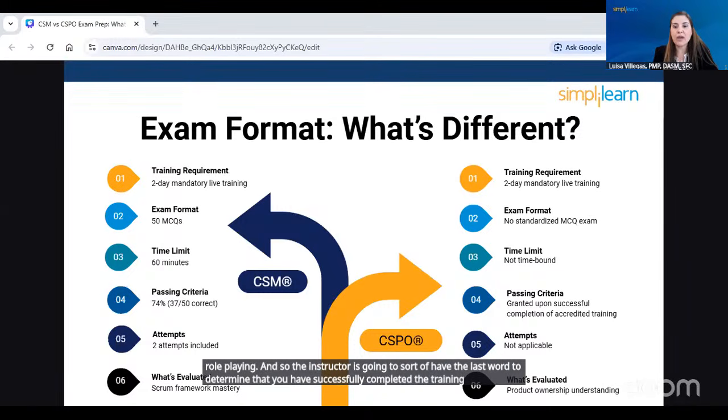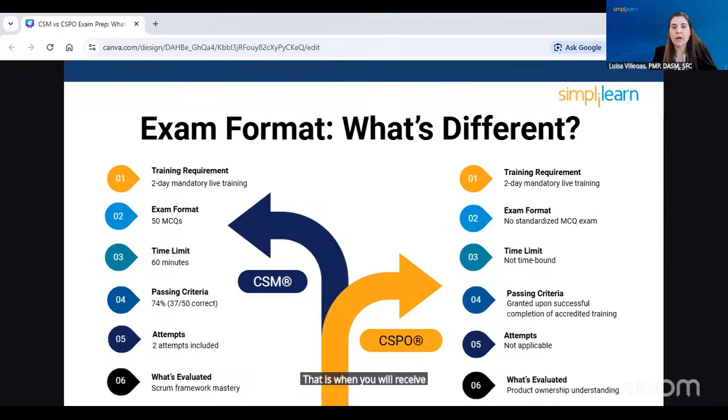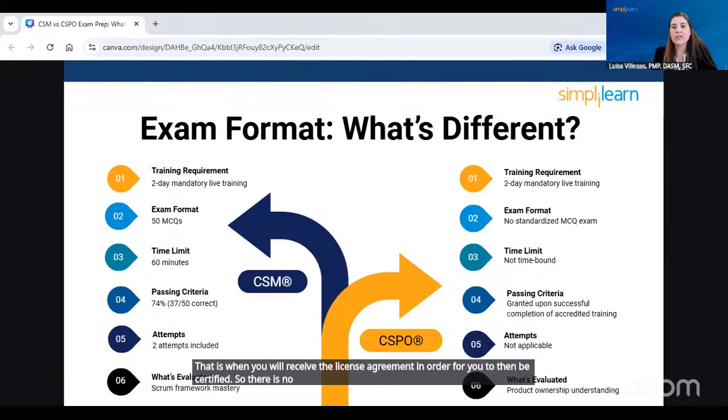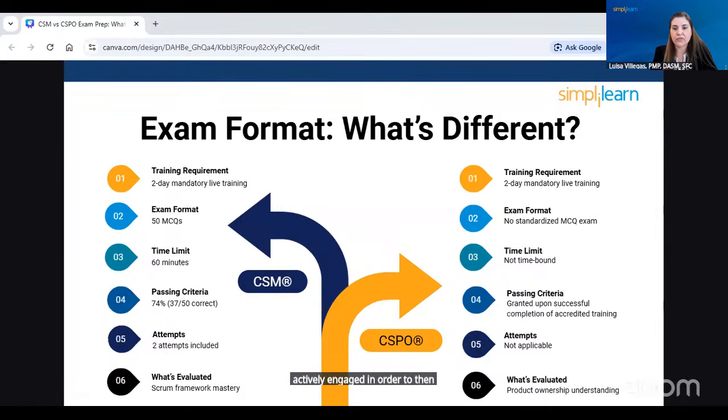After you have successfully completed the training, that is when you will receive the license agreement in order for you to then be certified. So there is no multiple choice, there is no time limit, there are no attempts. It is basically a 2-day, very intensive training where you're expected to be actively engaged in order to receive that certification.